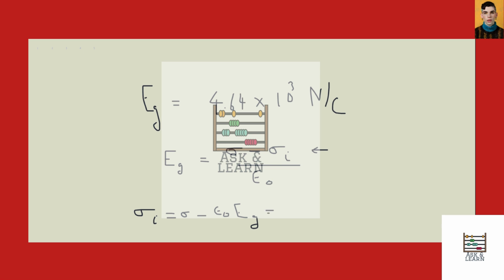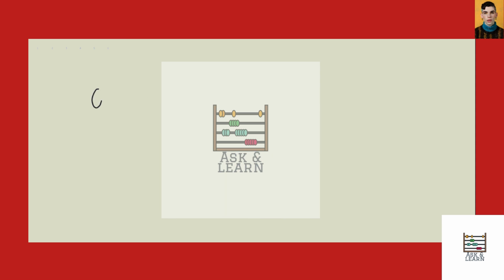Let's not do this calculation, because we need to find Q directly. So all we have to do is multiply both sides by area. So Q induced is equal to Q plate, since this sigma is sigma plate, minus A epsilon naught Eg. So let's do this calculation.